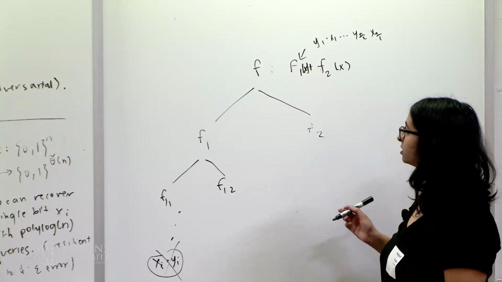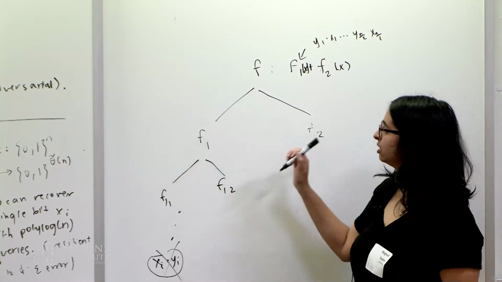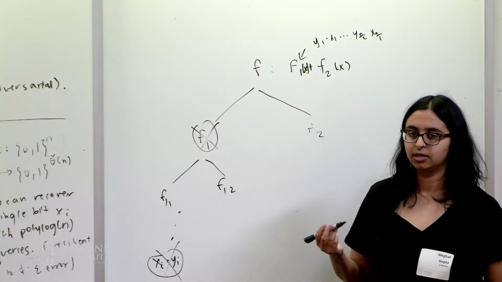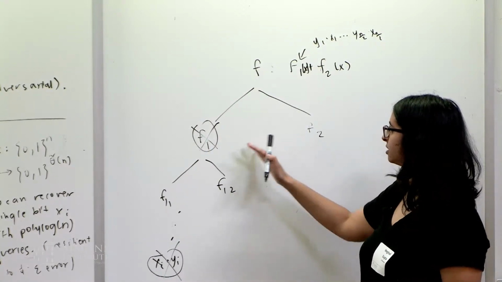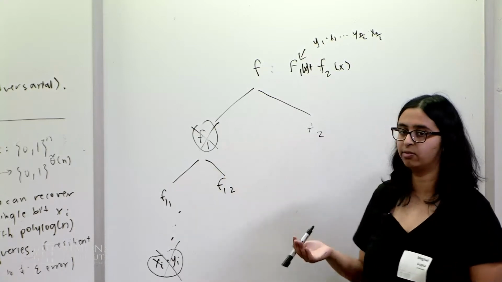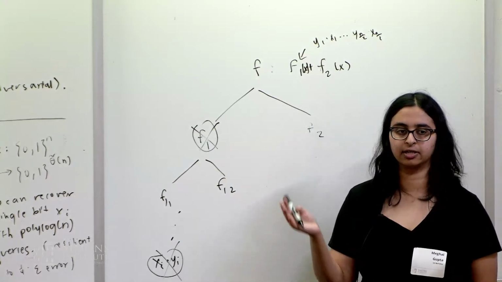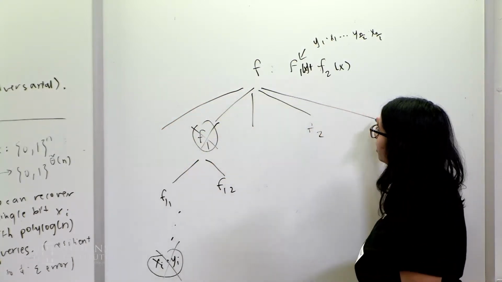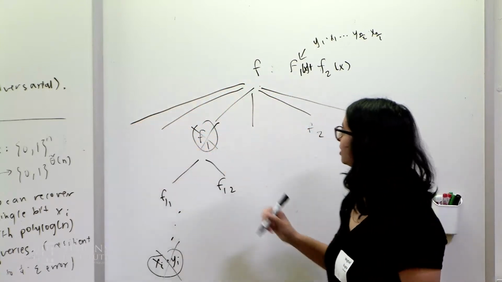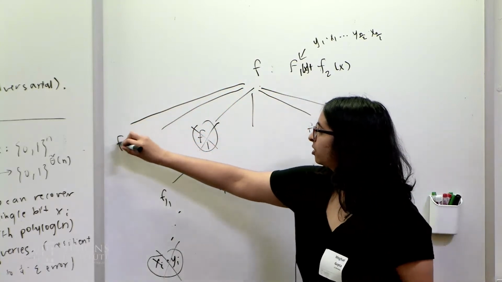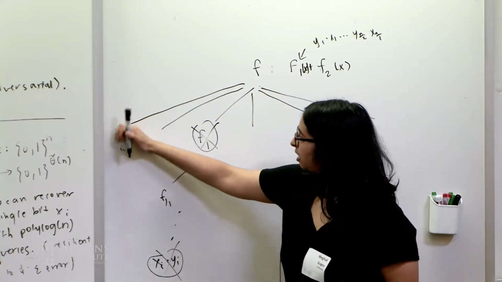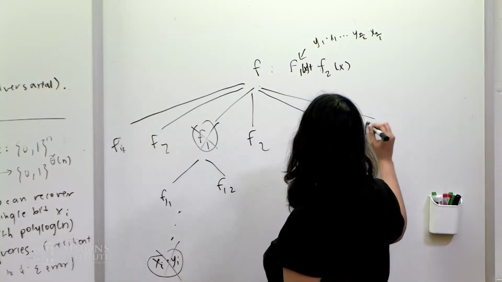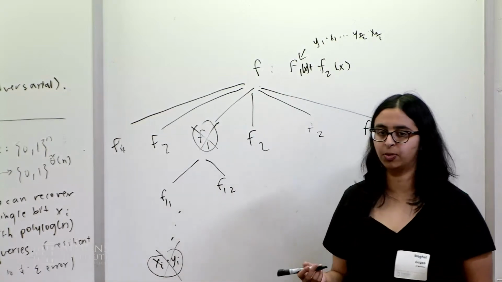So what we're going to do instead is try to make the average work. The problem is that the adversary is corrupting f1 and not f2 here. So we're going to make it so that the adversary doesn't know when f1 and when f2 are being computed, so he can't target errors on only one of them. We're going to add a bunch more leaves here, and have Bob compute f1 and f2 both a bunch of times.